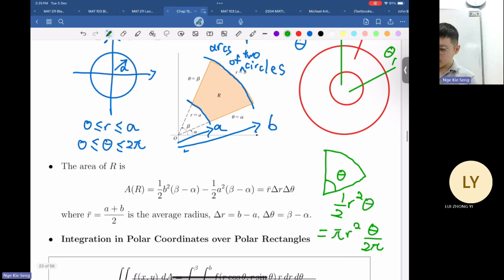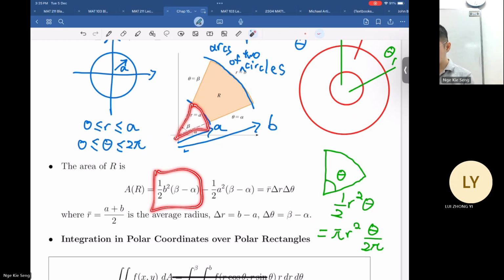Okay. So how about this sector here? This is a cut off sector, right? So we take off the inner circle here. We need to take away the smaller sector, so we are doing half. Let's say the radius here is b squared, and then we have angle beta minus alpha.